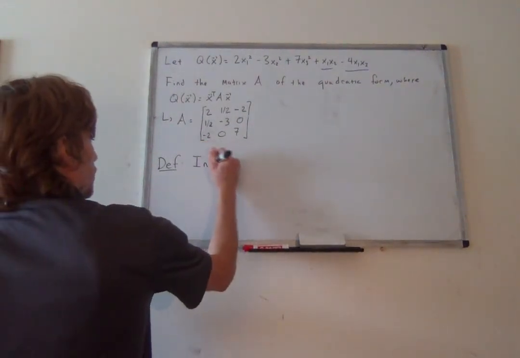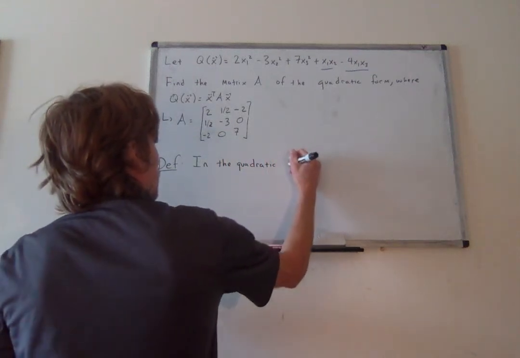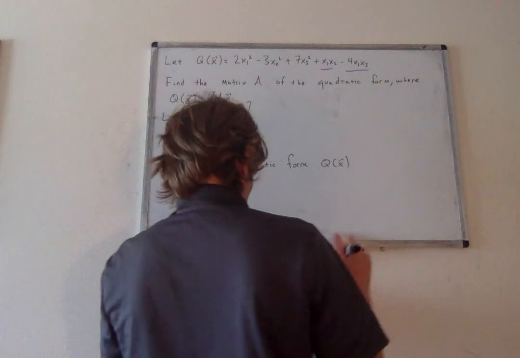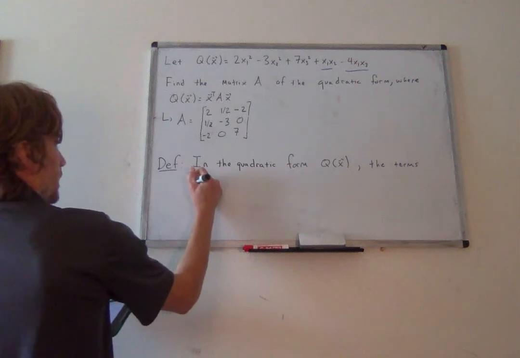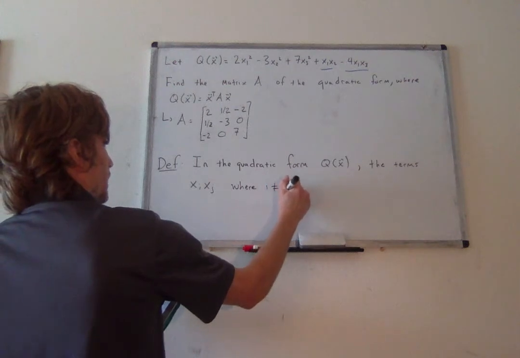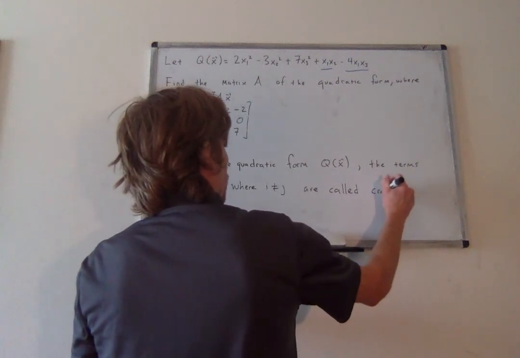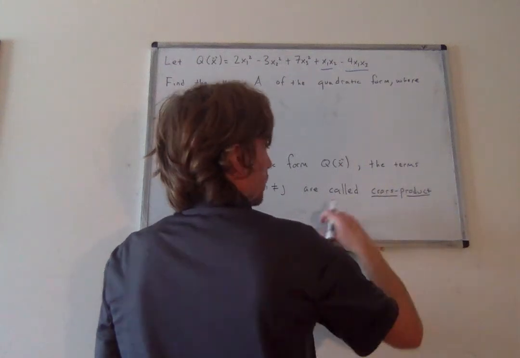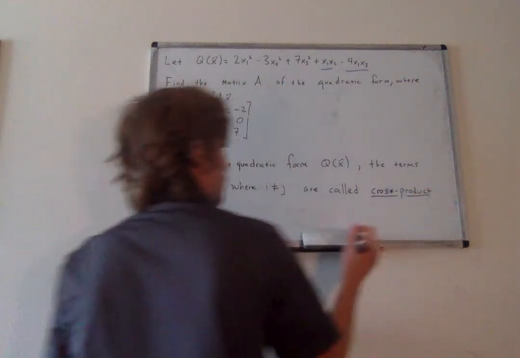In the quadratic form Q of x, the terms xi times xj, where i is not equal to j, are called cross product terms.